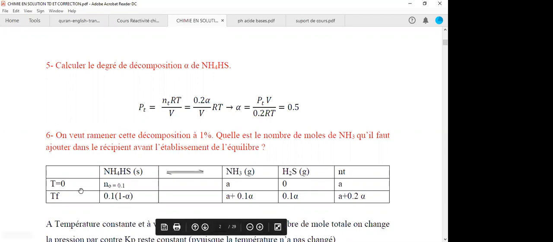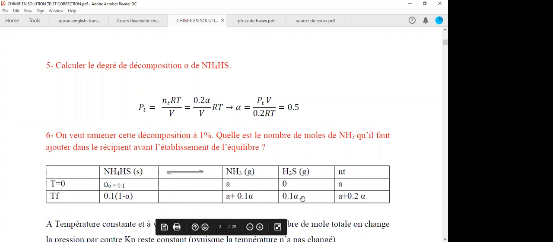So at final time, the number of moles of this solid is 0.1 open bracket 1 minus alpha. And the number of moles for this one will be the number of moles that were there initially plus the number of moles that were formed, which is 0.1 alpha.